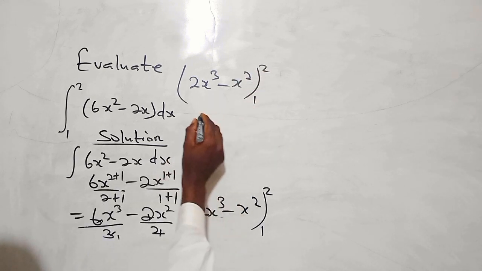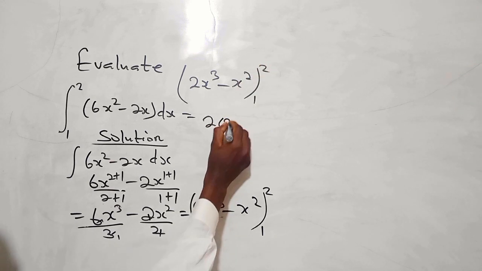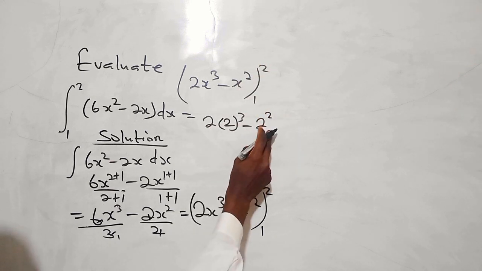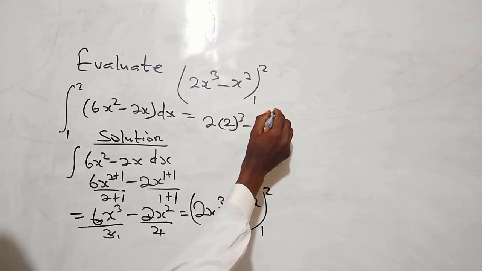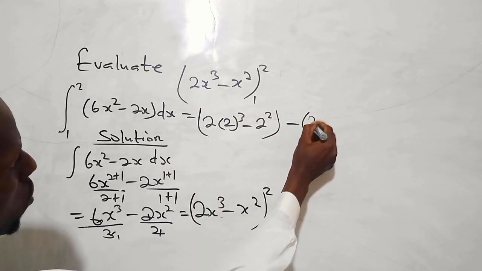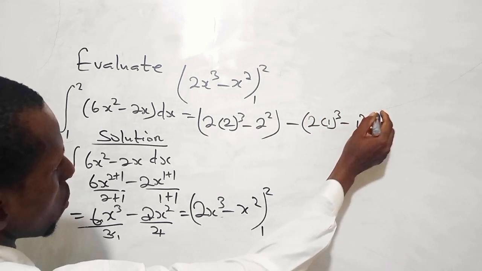This is 2 into 2 raised to power 3 minus 2 squared, everything minus 2 into 1 raised to power 3 minus 1 squared.